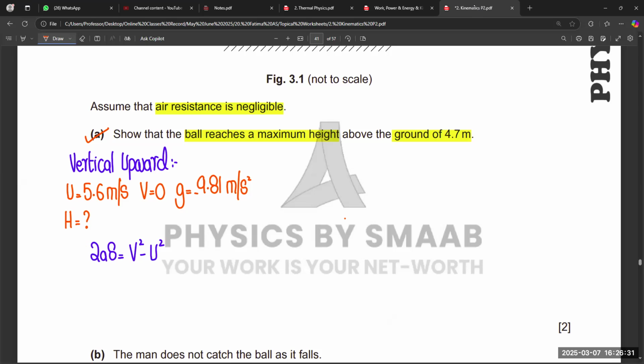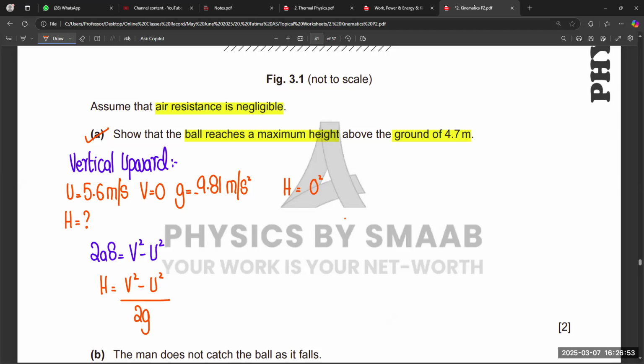So from this equation, it becomes H equals to, in the place of a, we can use the value of g, free fall acceleration.